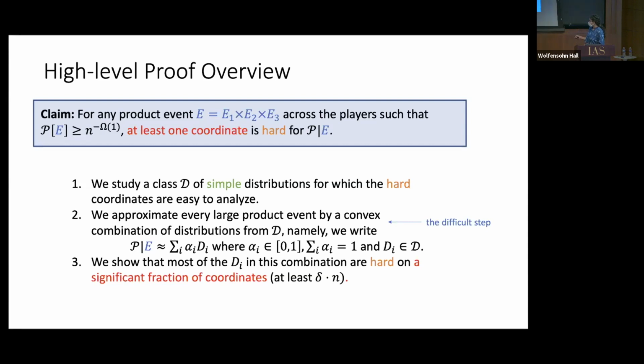Finally, we'll show that for most of the simple distributions that appear in this convex combination, many coordinates are hard. So it will follow that a typical coordinate is hard for P conditioned on E. So this is the high-level proof overview. I'm going to focus on parts 1 and 2 mainly in this talk.